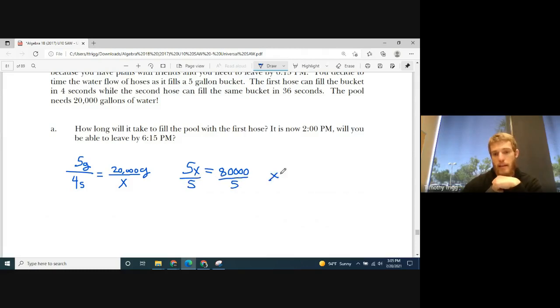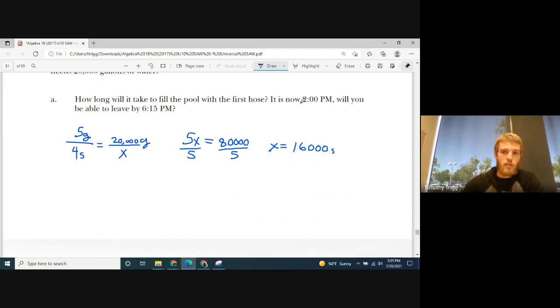This will give me that X equals 16,000, and those are seconds, so 16,000 seconds. Okay, now I want to know how many hours that is, because we start at 2 p.m. Will 16,000 seconds give me until 6:15 p.m.?